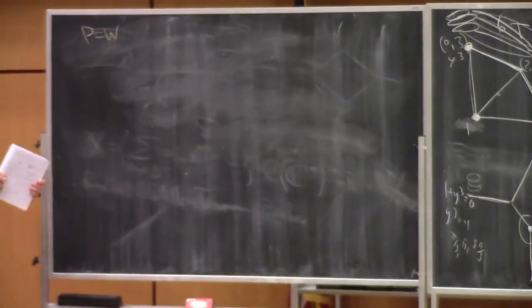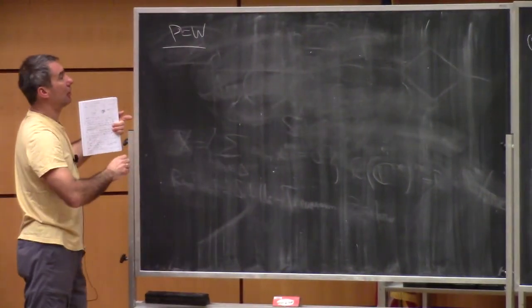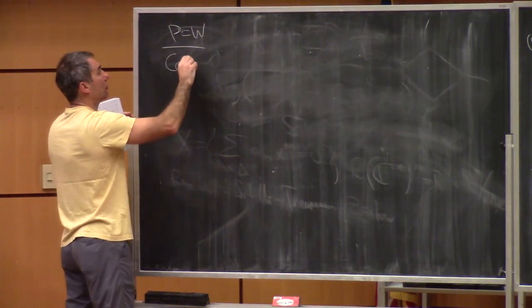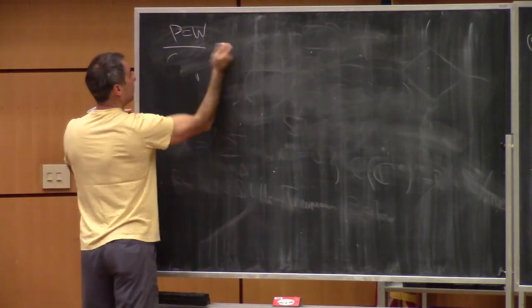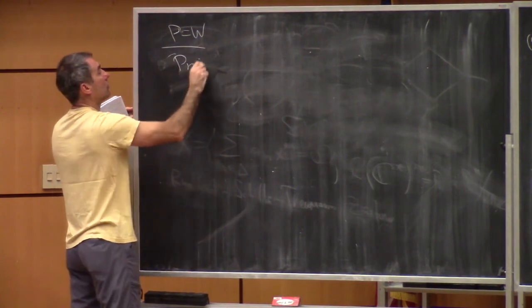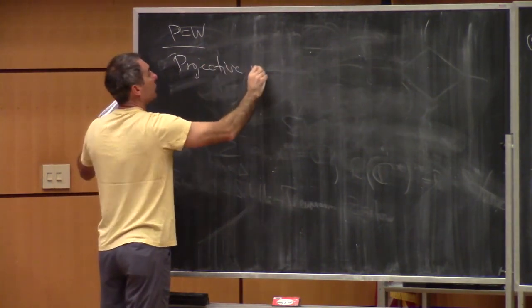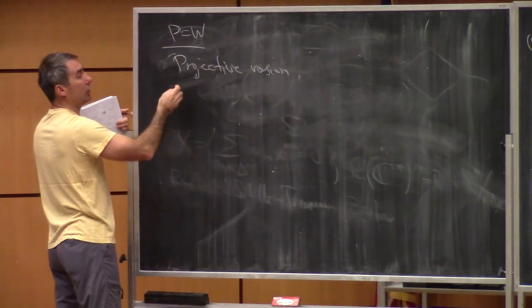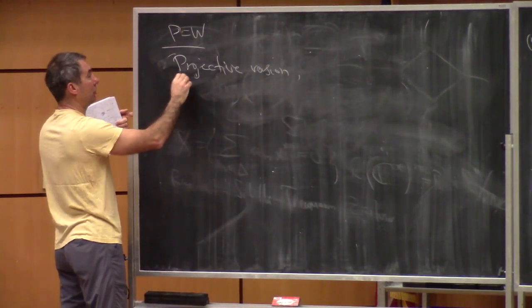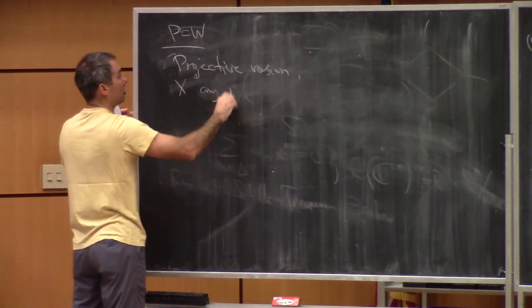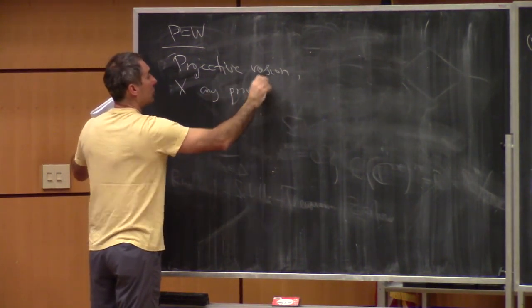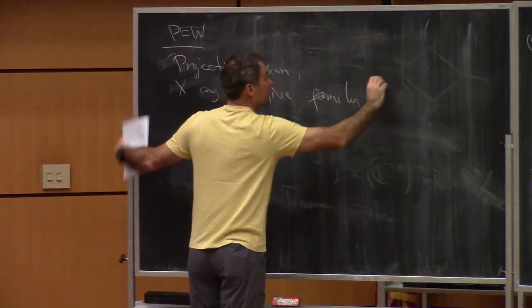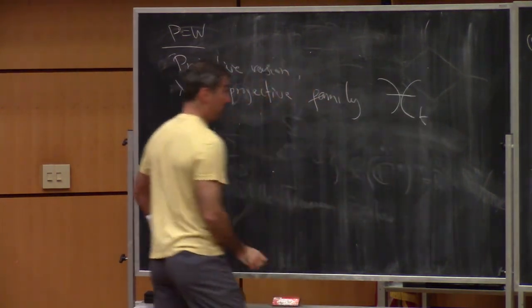You can compactify everything. So there is a compact version of this, say the projective version. Also, you don't really need X to be a hypersurface. X can be any projective variety. So let me say it's actually a projective family over a punctured disk.